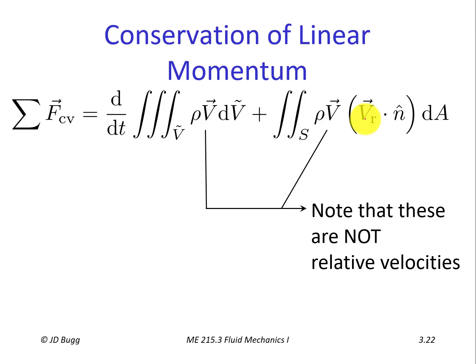So not a coordinate system that is accelerating, but a coordinate system that is either stationary or moving in a straight line at a constant speed. So an inertial coordinate system. Those two V's are relative to the coordinate system, not to the control volume. And we'll be talking quite a bit about that as we apply this equation to different problems.